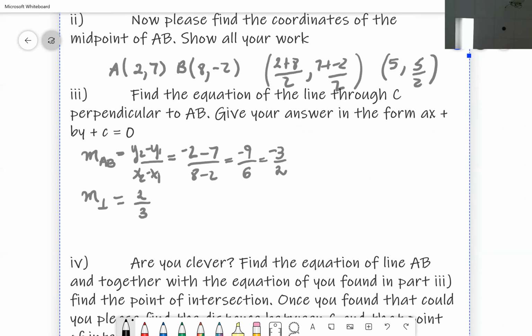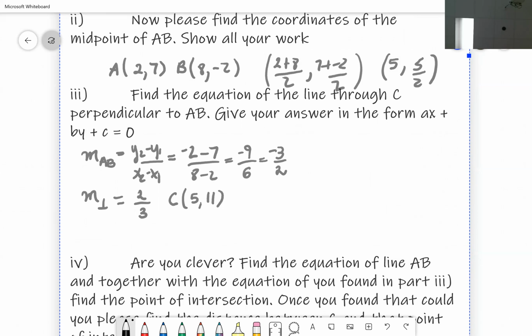And now, am I making any mistakes here? No. If you didn't write the M, that's fine. But you should have your own little style of notation. But now, what's the point of C? What's C? It's 5, 11, if I remember correctly, right?